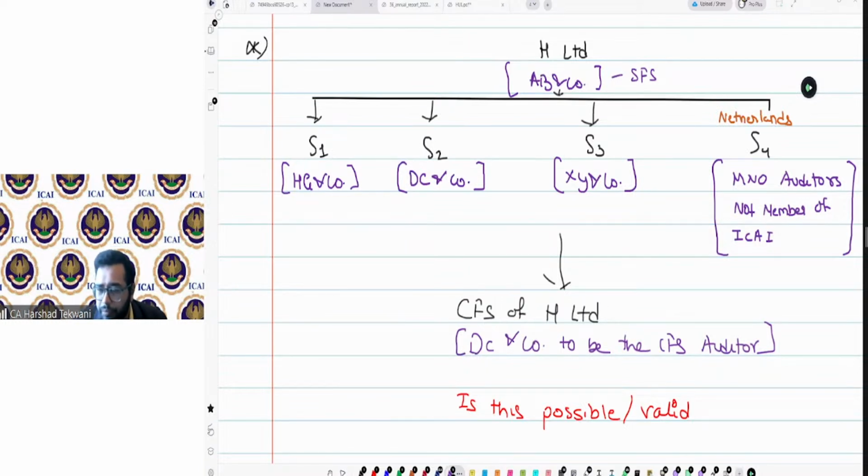So, the answer is yes, that is possible and that can be done. Okay. So the auditor of the standalone financial statement can be different from the auditor of the consolidated financial statement.